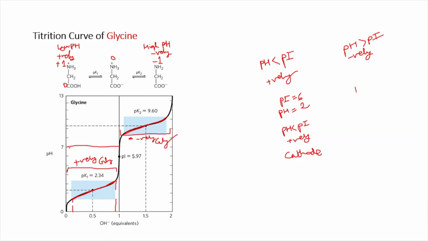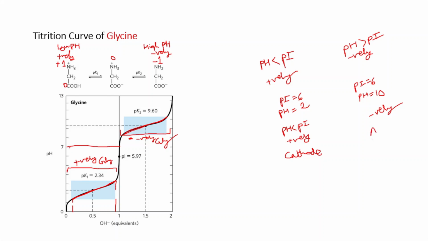Suppose pI is given to be 6 and pH is given to be, say, 10. Since pH is greater than pI, this amino acid will be negatively charged and it will migrate to the anode.